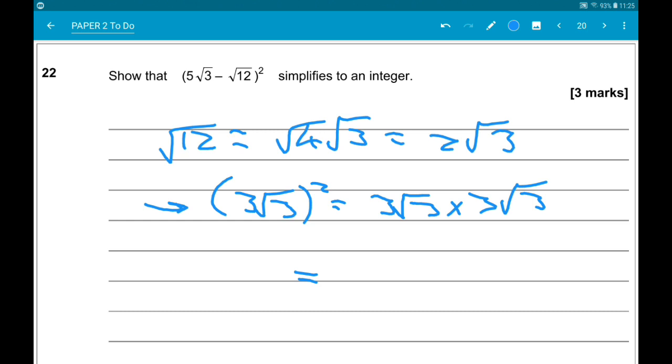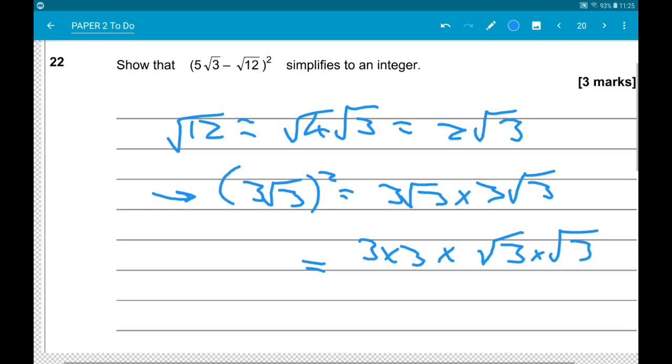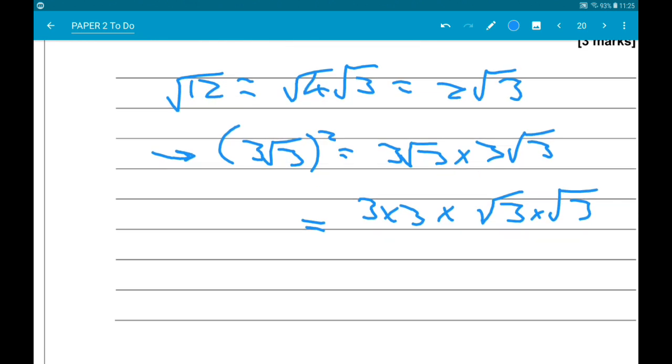So we could think of that as 3 times 3 times root 3 times root 3. Now 3 times 3 is 9. Root 3 times root 3 is 3. 9 times 3 is 27.